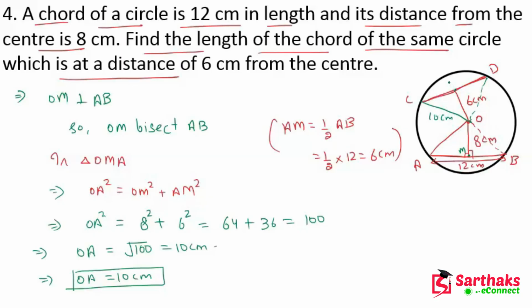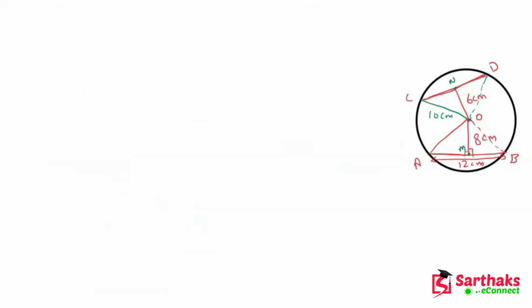Now let's suppose this point is N. We can say ON is perpendicular to CD, because if we draw a line from the center to the chord, it will always be perpendicular. So ON bisects CD. Got it? From this we can say that CN is equal to ND.